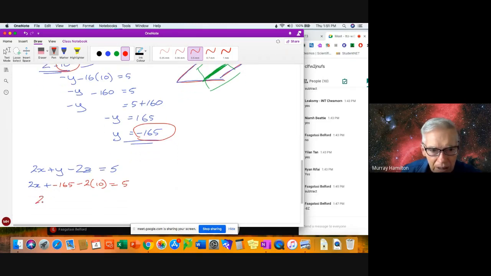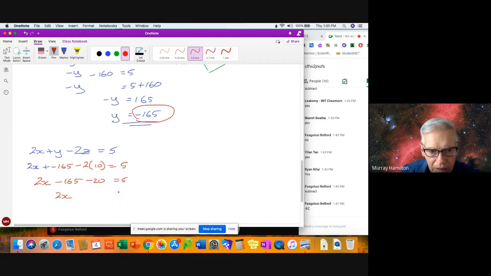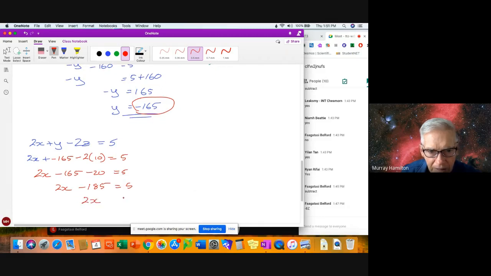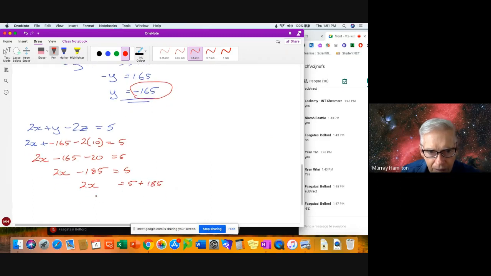And this way we get 2x minus 165 minus 20 equals 5. 2x minus 185 equals 5. Add the 185 to the other side. 2x equals 190.